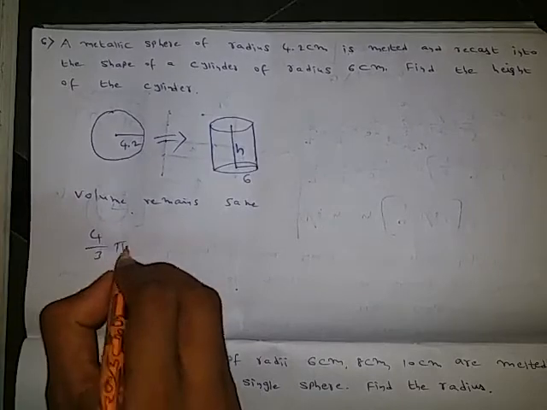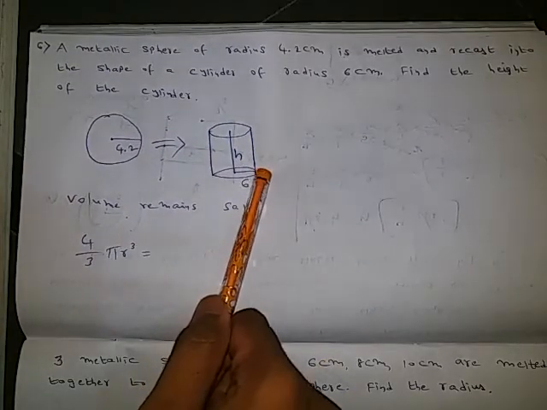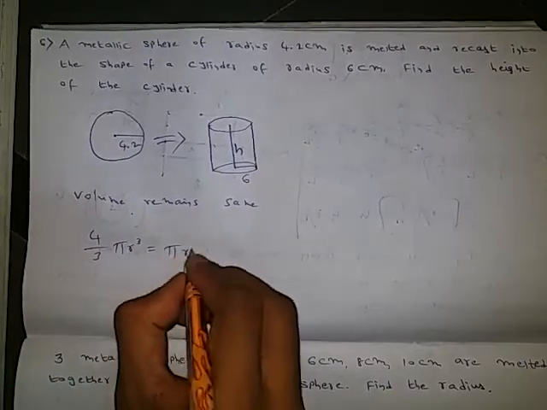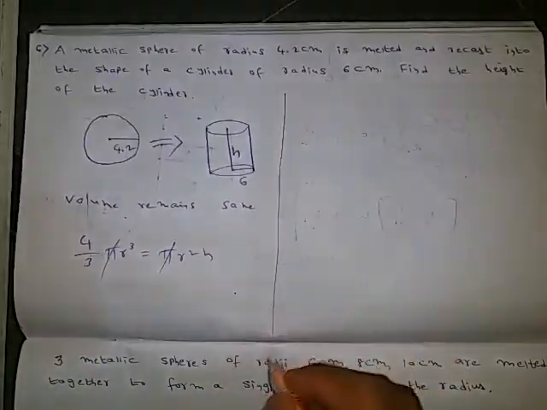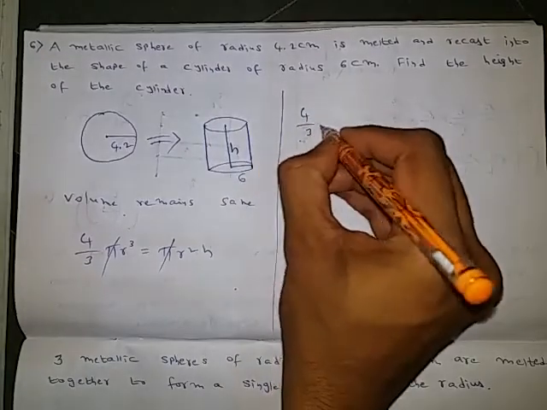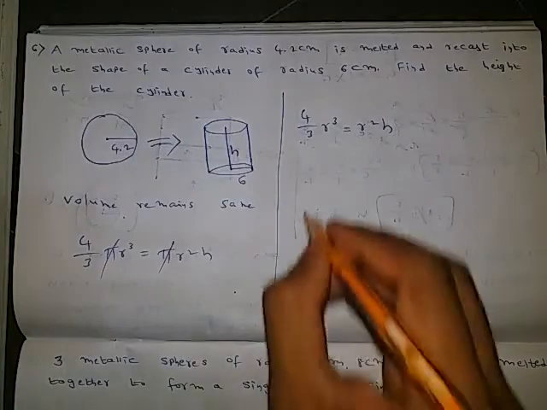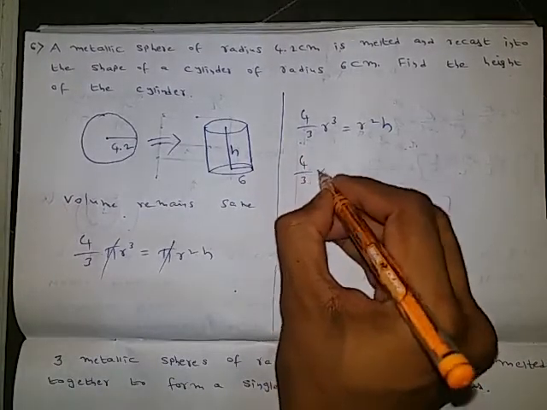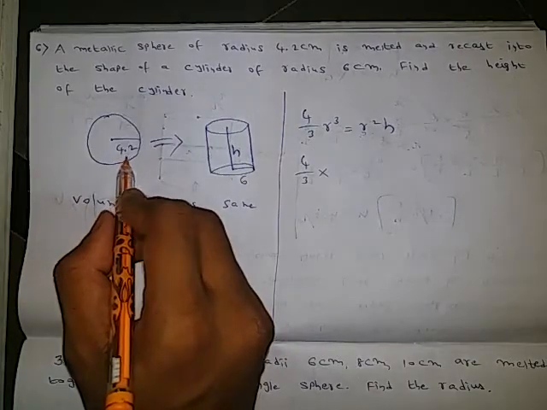Volume of the sphere, 4 by 3 pi r cube, is equal to volume of the cylinder, pi r square h. Here pi will get cancelled. Next we remain with 4 by 3 r cube is equal to r square h. 4 by 3 as it is into r cube. Sphere radius is given as 4.2.